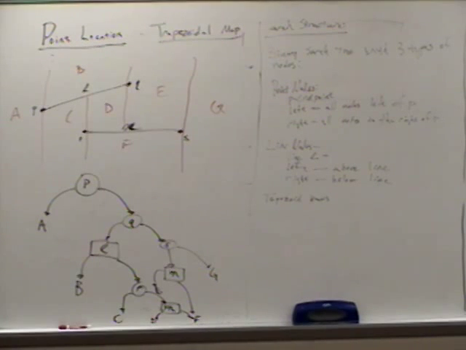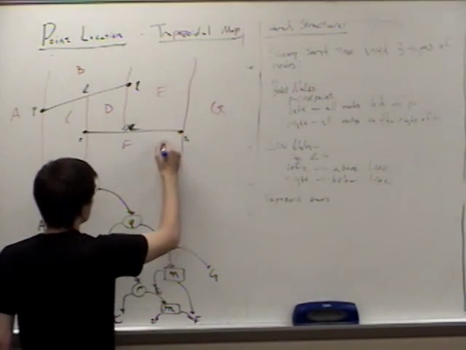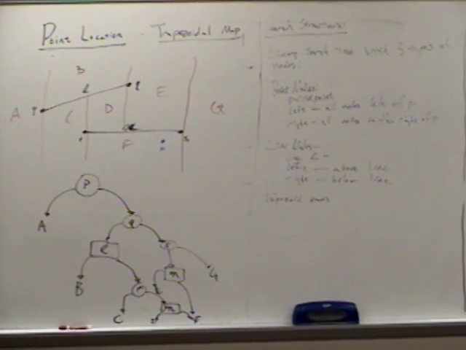Okay, so how do we use this crazy mess of a tree to do a query? Well, let's go through an example. Suppose I take this point here. Let's call it x. The way you locate a point in a trapezoid using this data structure is you just walk down this tree. So we start at this point P here.